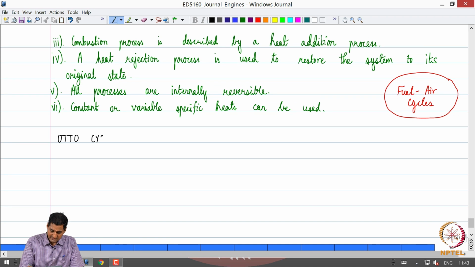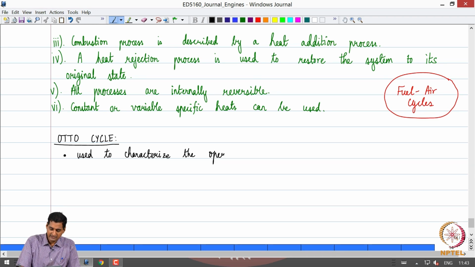Okay. So, the first cycle is the Otto cycle, right. This cycle is used to characterize the operation of a spark ignition engine, what we call a gasoline engine or a petrol engine.